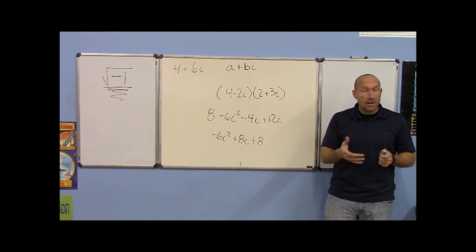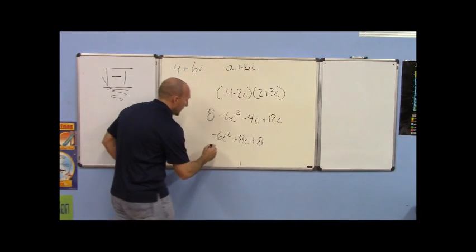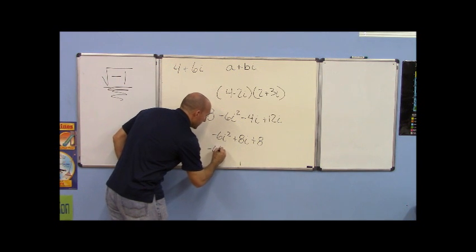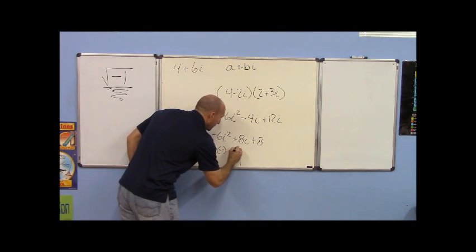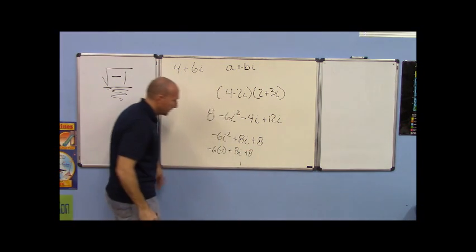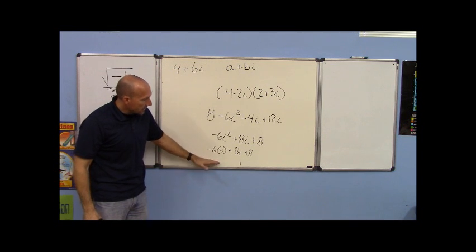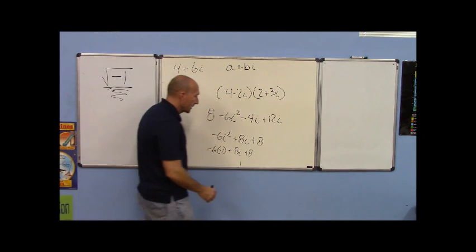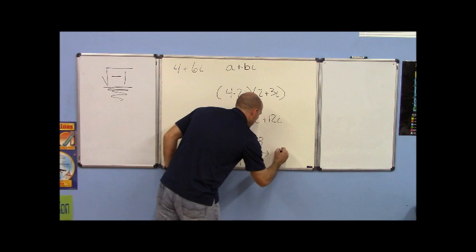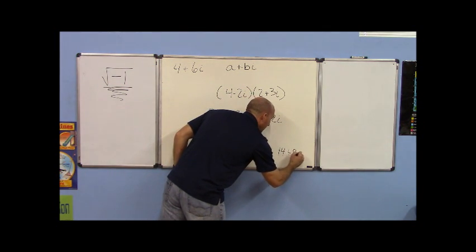Negative 1. So now we get to actually simplify this a little bit more. Now minus 6 times a minus 1 plus 8i plus 8. Negative 6 times a negative 1 gives us a positive 6. 6 plus 8 is 14. So our final answer is going to be 14 plus 8i.